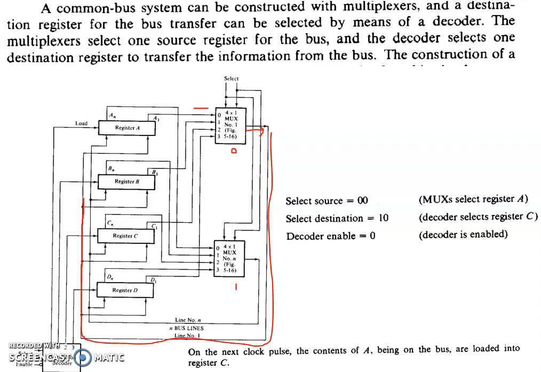That output line from the multiplexer is connected to all the registers, and based on the select signal that is initiated in the multiplexer, it helps in choosing the register.